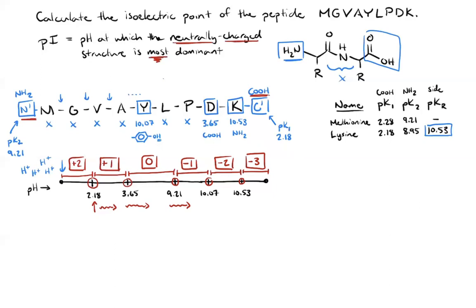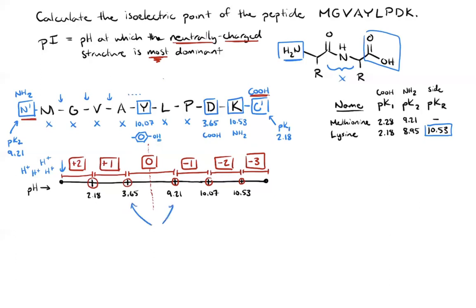So if the pKa's are the transition points, what we want here is the position right in the middle of the 2 pKa's that serve as transition points into that neutral structure, above and below it. So we want the position that we're highlighting there with the dotted line. This is the position where we'll have the most of that neutral species.